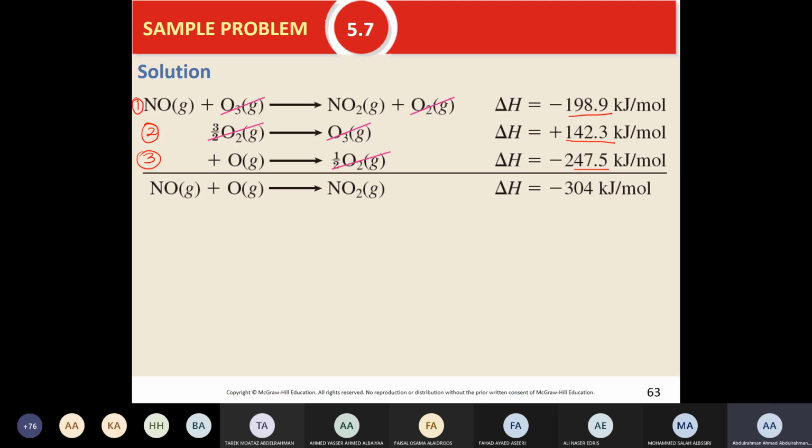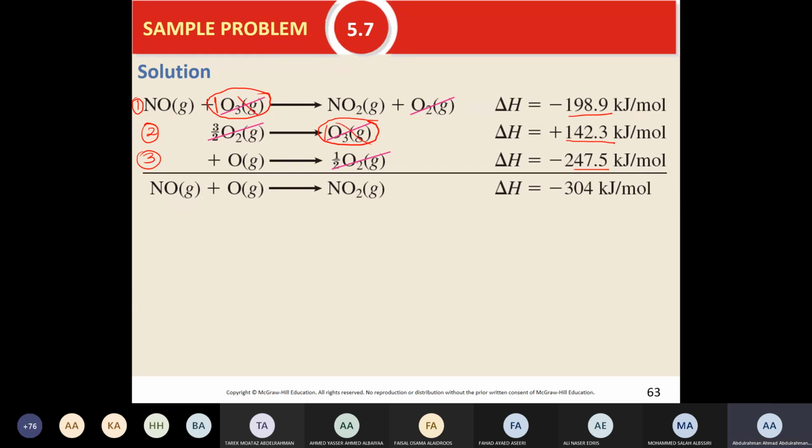Anything that is available in the reactant and the product cancels with each other. Look here, the O3, how many O3 do we have? 1 O3 in reactant, 1 O3 in what? In the product. So what will happen? Cancel each other.